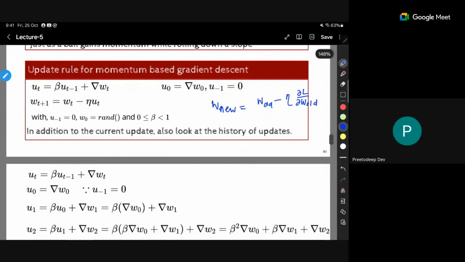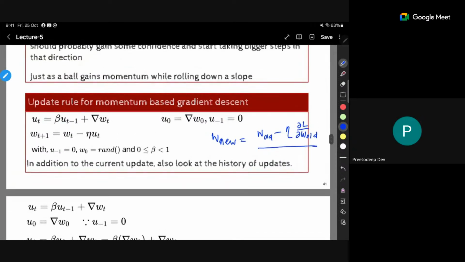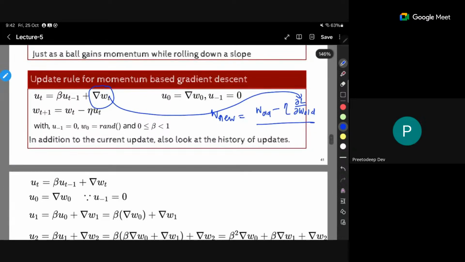But what we are saying now is, instead of doing that, remember what you did even before that also. So we are accumulating it in every iteration, storing them, and we'll have some weightage over it.